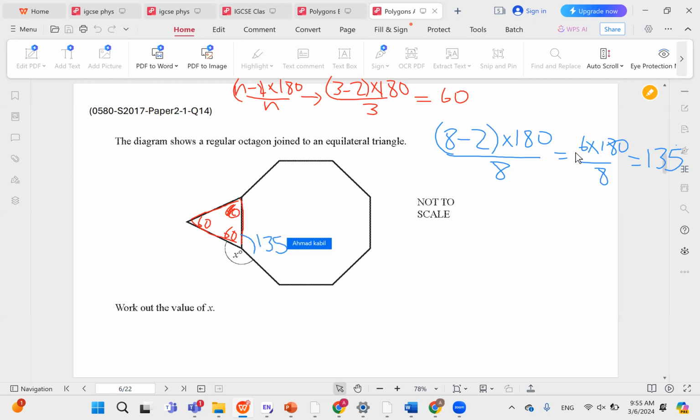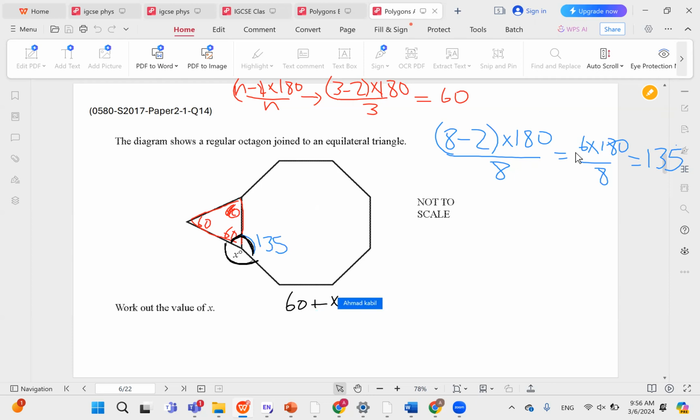Finally, you figure out that this angle, which is 60, plus this angle, which is 135, plus x, these must form 360 degrees because all three angles around the point, or any number of angles forming a complete point, would sum up to 360. So therefore, we just add up the three angles.